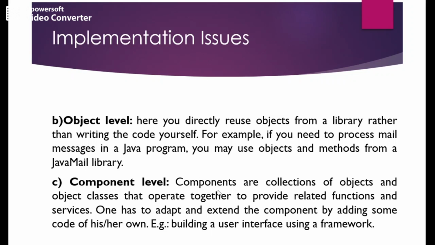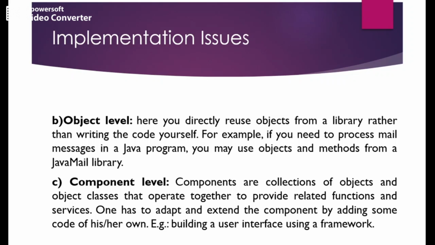Next one is component level. Components are collections of objects and object classes that operate together to provide related functions and services. One has to adapt and extend the component by adding some code of his or her own.